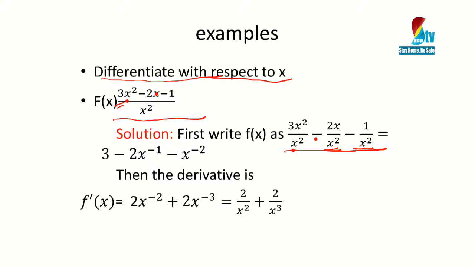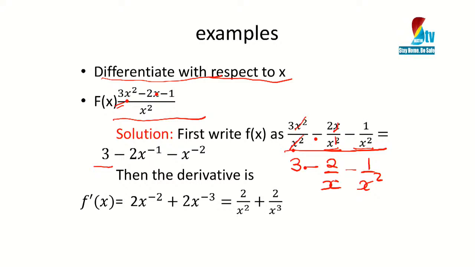That is our function f of x. You'll notice that this is going to cancel out, so we'll remain with a constant 3, and then this will cancel out one x, so we remain with 3 minus 2 over x, and then minus 1 over x squared.